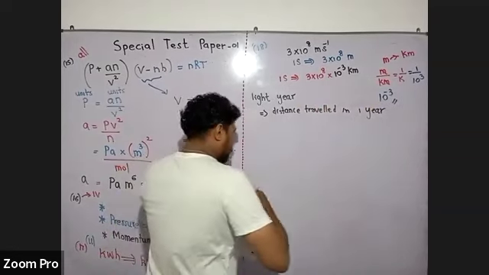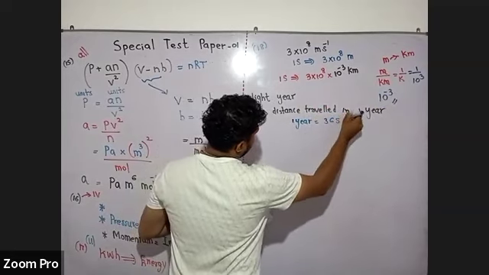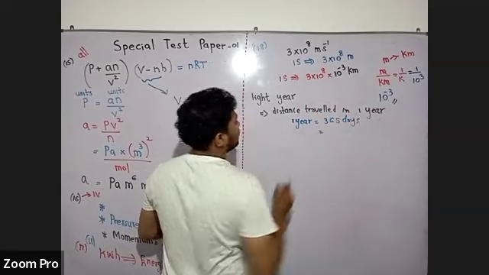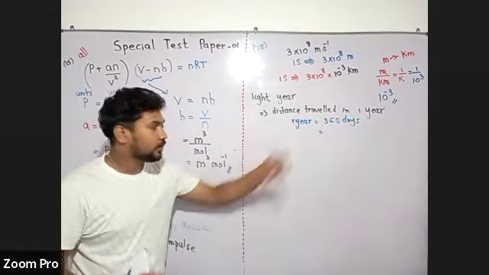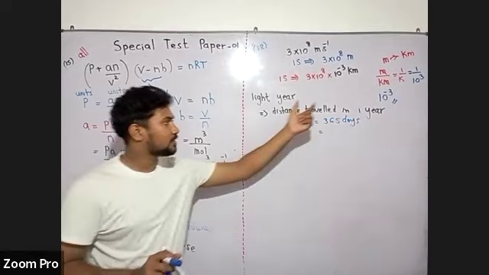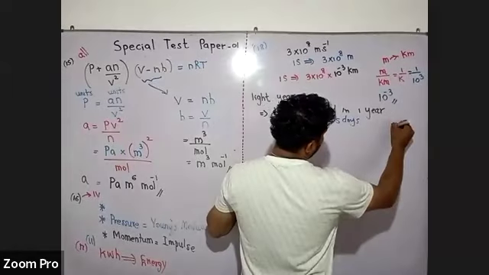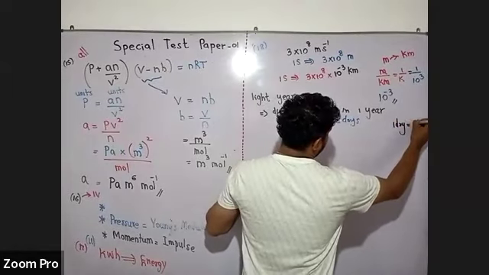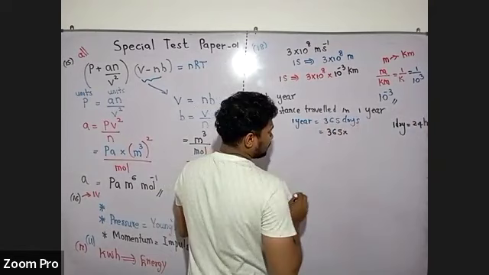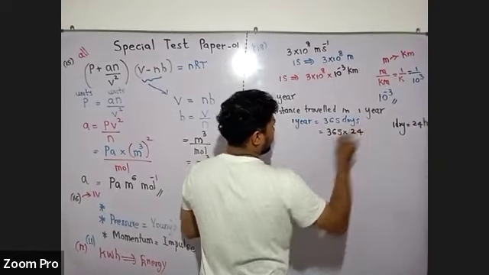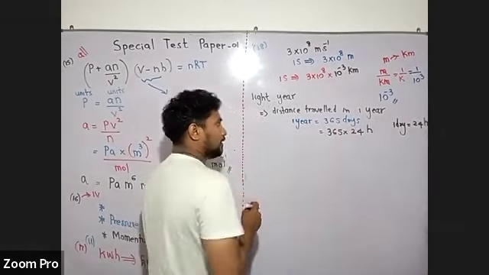You should know that 1 year consists of 365 days, and I'm going to convert this time duration into seconds. 1 day consists of 24 hours, so to convert these days into hours I multiply by 24.